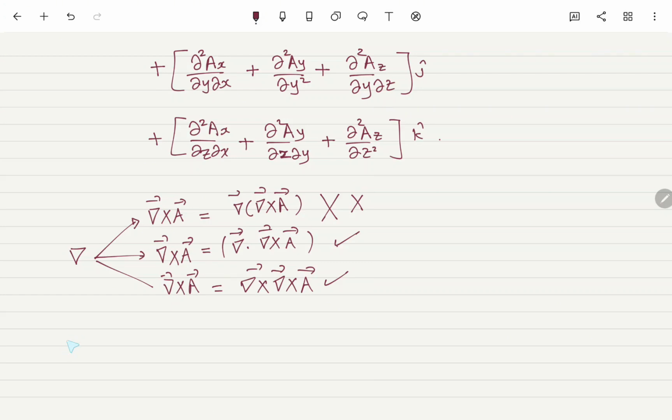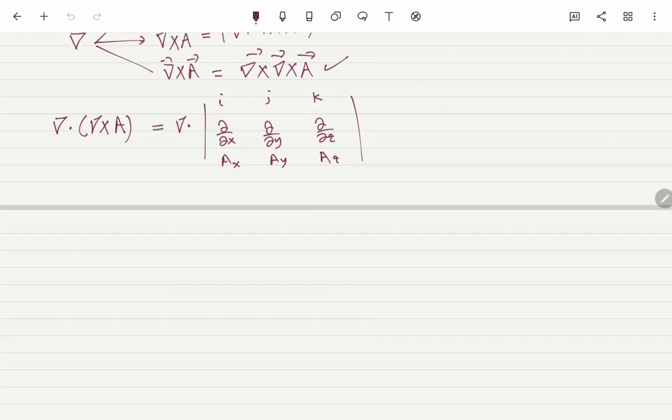The first one is the divergence of the curl A. Curl here is i, j, k, partial x, partial y, partial z, and ax, ay, az. Now, I will jump to the conclusion directly here. We have done this so many times.